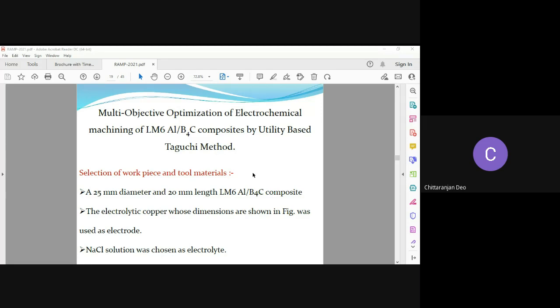So, to machine this, we choose ECM. The application of LM6 aluminum is generally in marine on deck casting, motor cars, water cooled manifolds and jackets, and road transport fittings. So it has a very vast application in different areas.